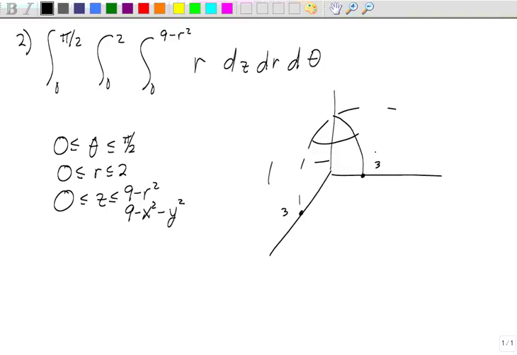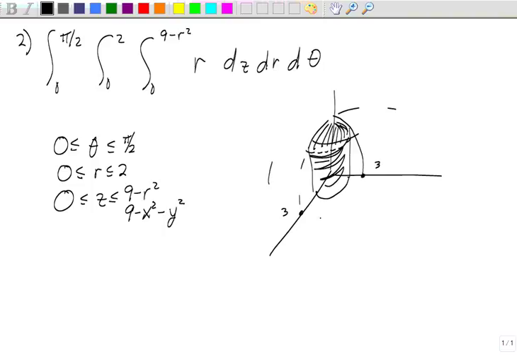But r just goes from 0 to 2, so we're going to cut it at 2. And so this is going to be cut right here. And it's going to kind of look like that.